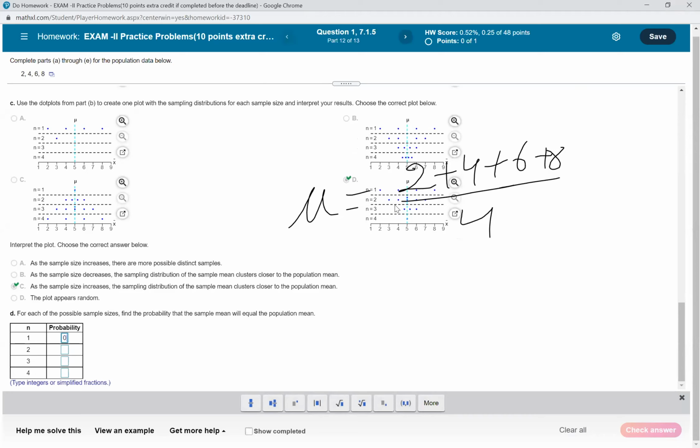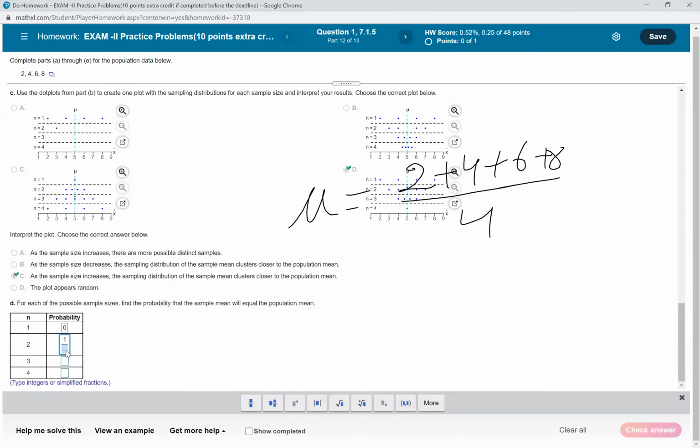And for the second one, you can see here how many numbers we have which are equal to 5. We have 2. So out of 6 numbers, we have 2 which are equal to 5, so it will be 2 divided by 6. The probability will be 0.33. Type integer or simplified fraction. 0.33 means 1/3.